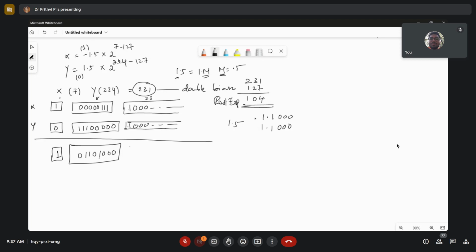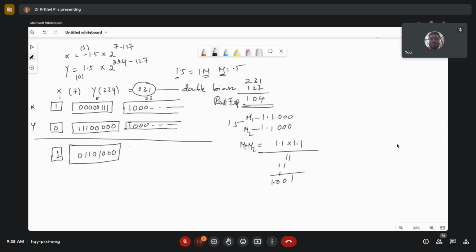So if you take these two mantissas multiplied, m1 multiplied with m2, what is the value you get? Now the simplest form is 1.1 into 1.1 if you take, you'll be getting that as 1 0 0 1.